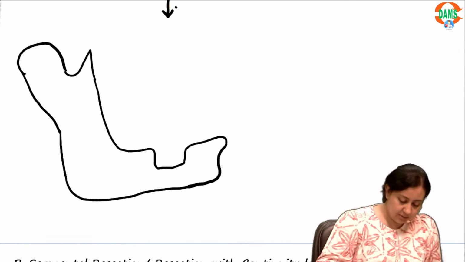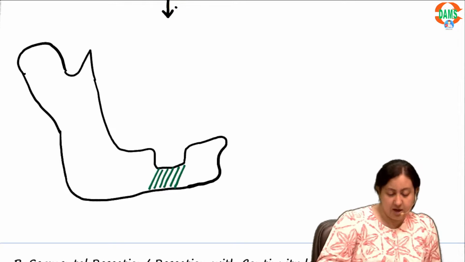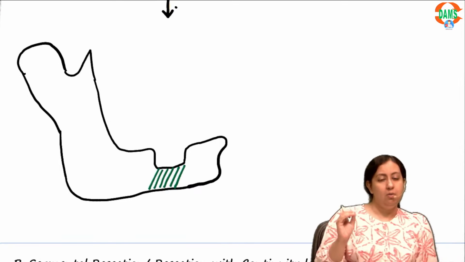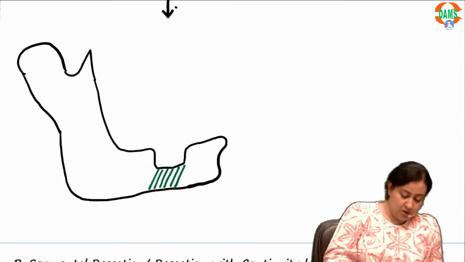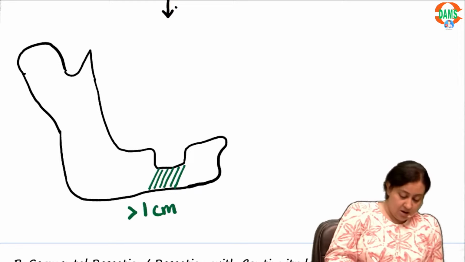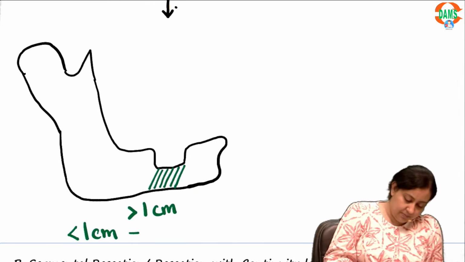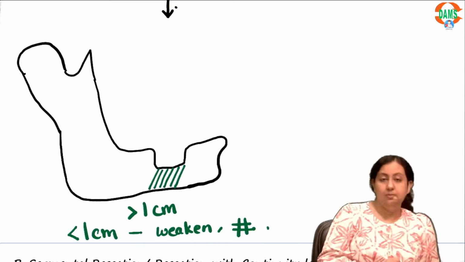So this bone here should ideally be between 1 to 1.5 centimeters, but it should not be more than 1 centimeter less. Less than 1 centimeter will weaken and will cause fracture.